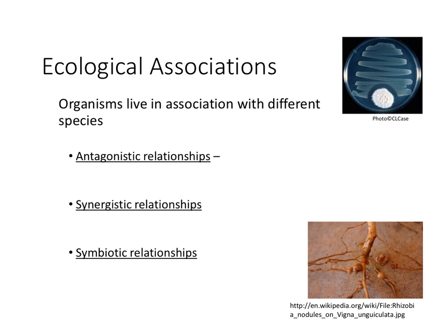Okay, so we can describe the association when organisms live with other species as either antagonistic, synergistic, or symbiotic. Okay, so an antagonistic relationship is when one organism benefits and one is harmed. Okay, so here's an example up here. We've got some kind of mold, this big white fluffy thing that's growing on some media.